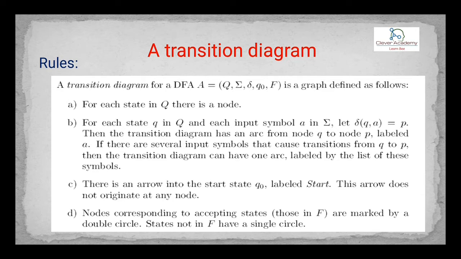When coming to the fourth rule, nodes corresponding to accepted states are marked by a double circle. Accepted state indicates that when a string moves from one state to the next, likewise it is accepted by the finite state machine.